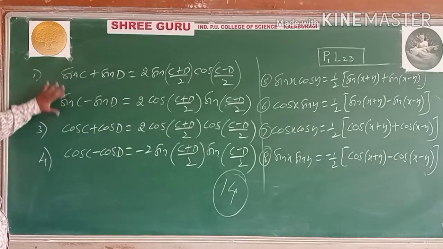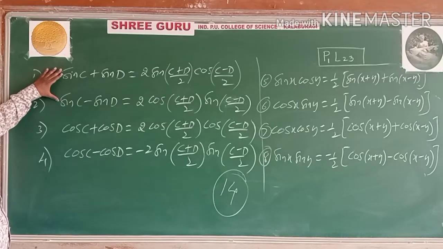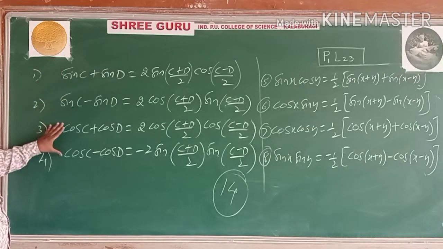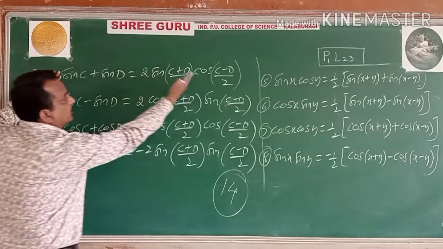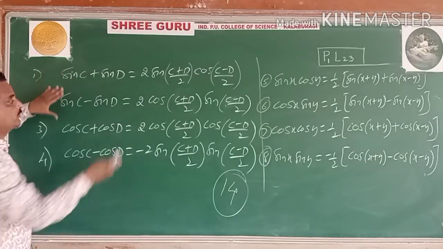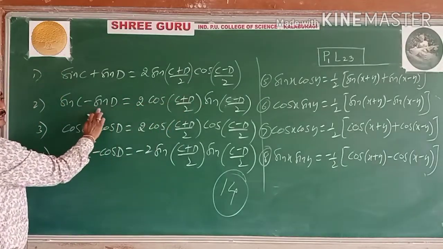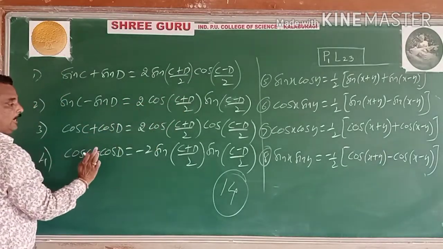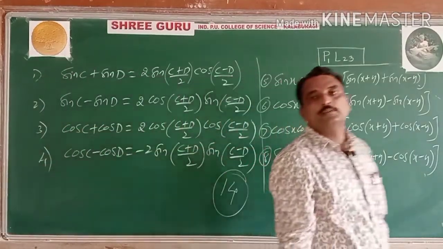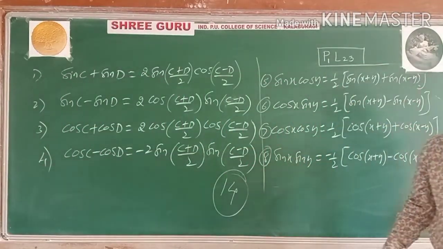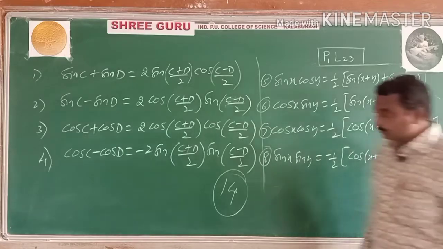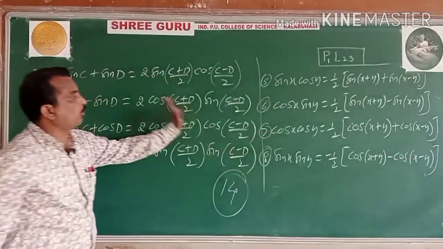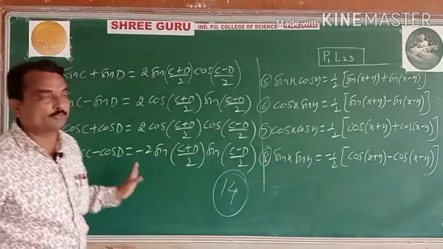When sum and difference of sin, first sin then cos, first cos then sin; both cos for cos sum and both sin for cos difference. So these are the 4 plus 4 product formulas and this is the sum and difference formula.